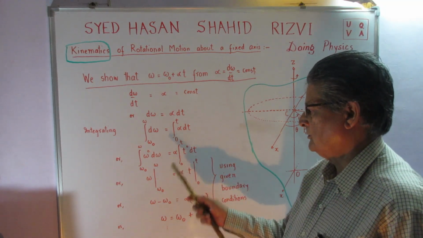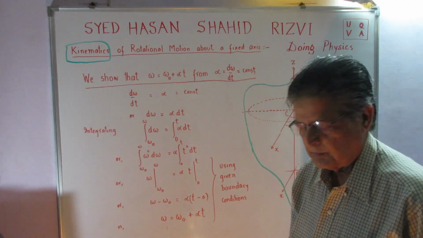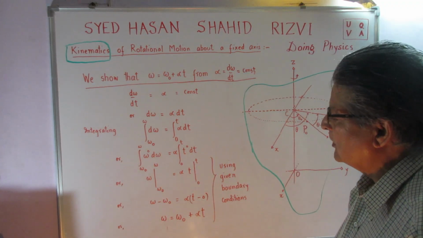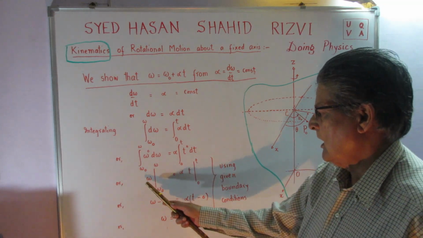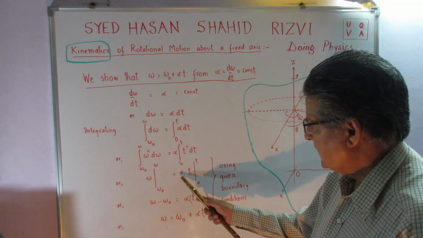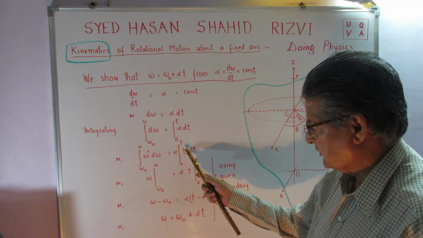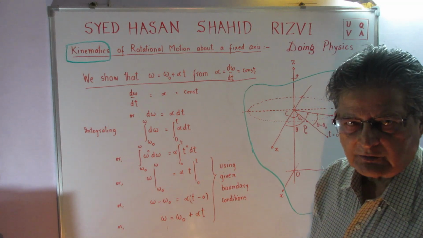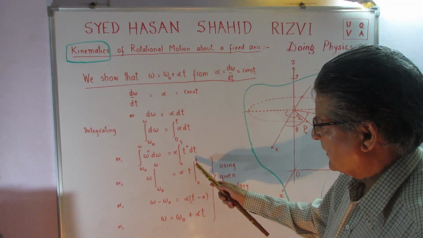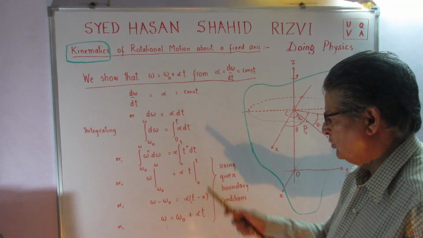Alpha is a constant, I will take it out here, and as I told you in the derivation of v is equal to v0 plus at in translatory motion, the same pattern is going to follow. In fact, omega between the limits omega naught to omega is equal to alpha into, because this is t to the power of 0, which I have just substituted for 1, t to the power of 0 plus 1 divided by 0 plus 1, which turns out to be equal to t.